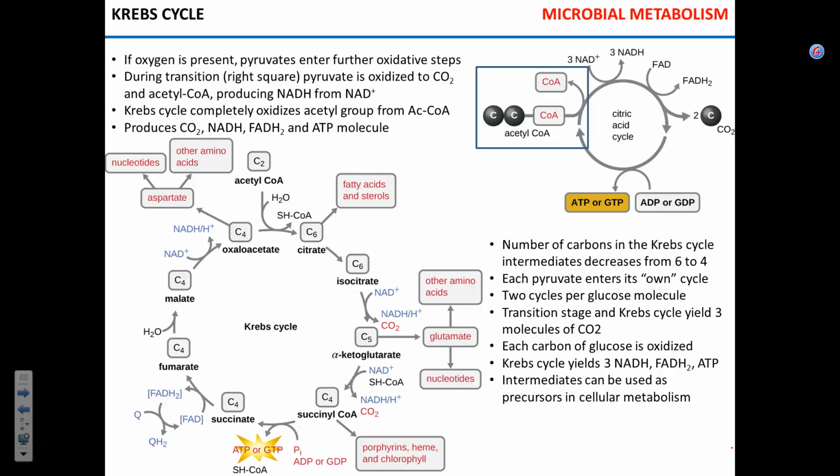If there's no oxygen, there's no Krebs cycle. We'll talk about it. So far, we presume that the microbe that we talk about is, in terms of oxygen requirements, aerobic. The microbe can carry out oxidative respiration. So in the presence of oxygen, the pyruvate becomes oxidized.